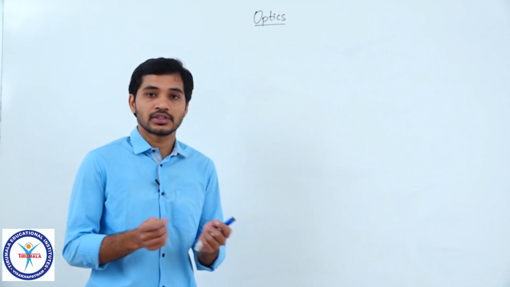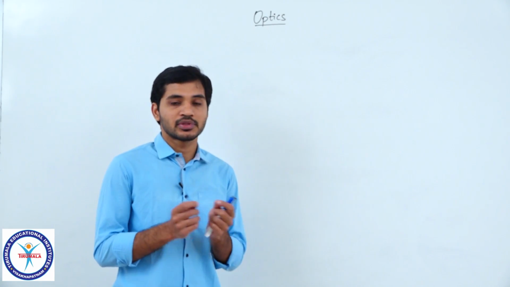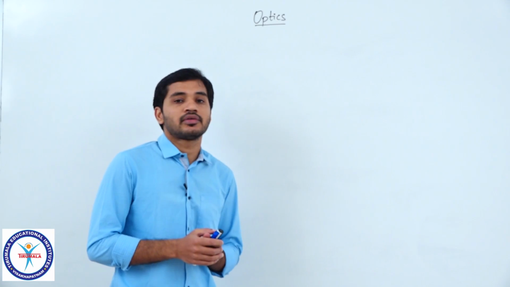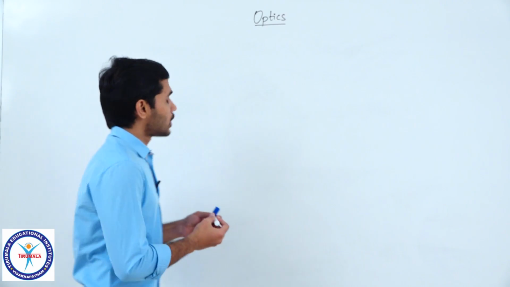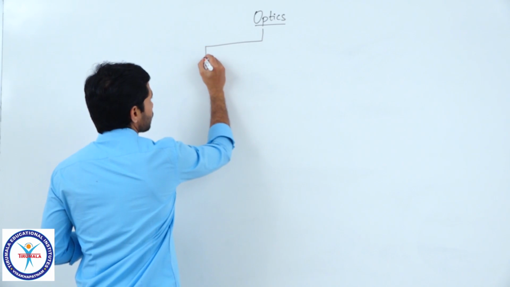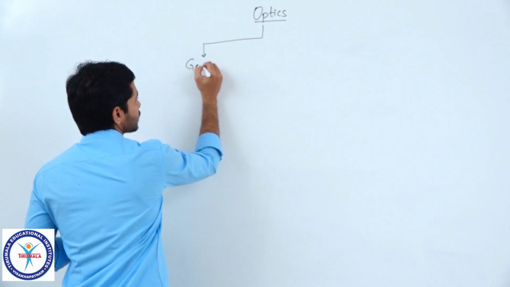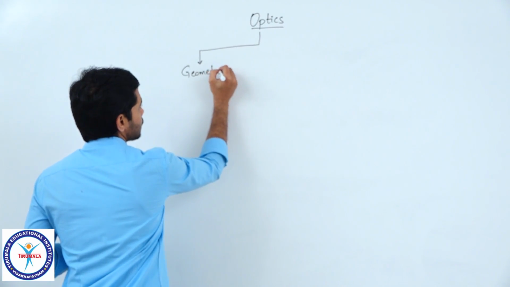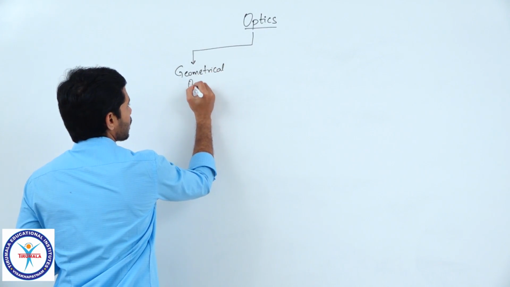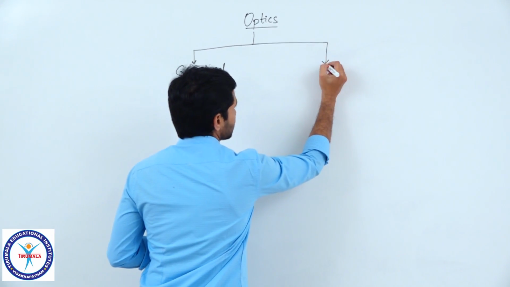Generally, in the WIBGR range of the electromagnetic spectrum, we will be studying about the visible light basically. In this particular chapter we basically segregate it into two types. One is called geometrical optics and the other one is wave optics.